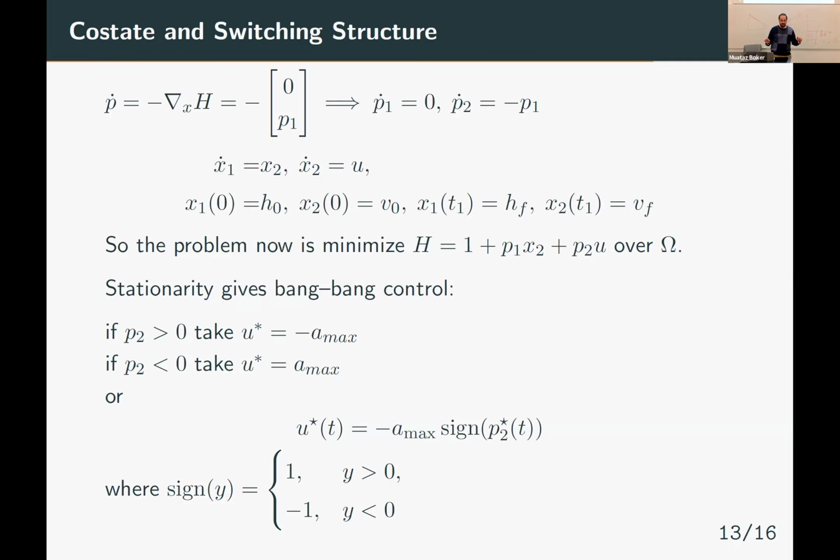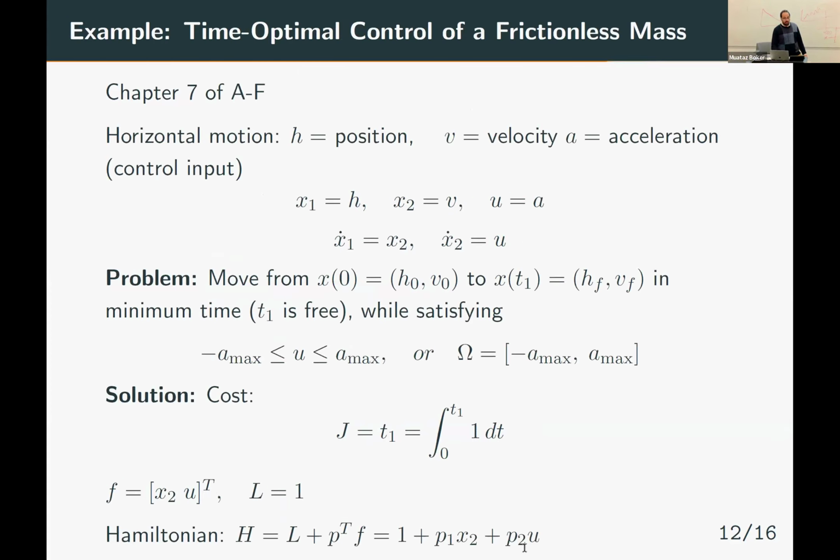Why? Because if there were no constraints, then we could resort to the variational approach and differentiate this with respect to u, and that would give us p2.